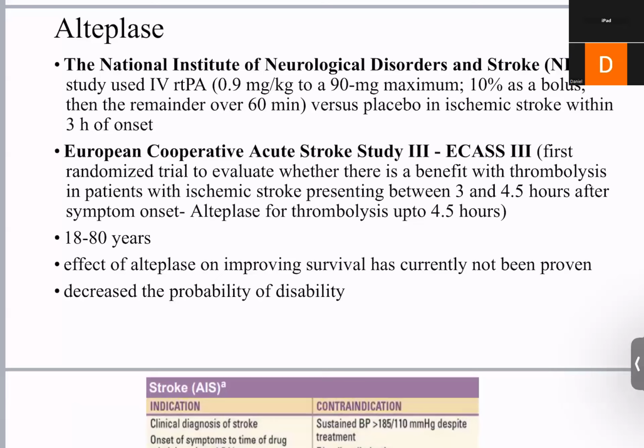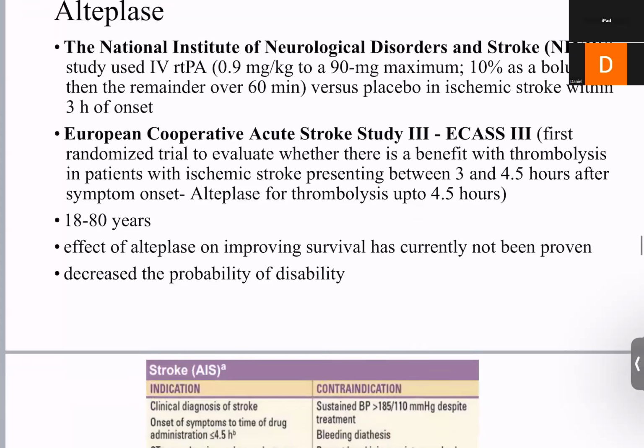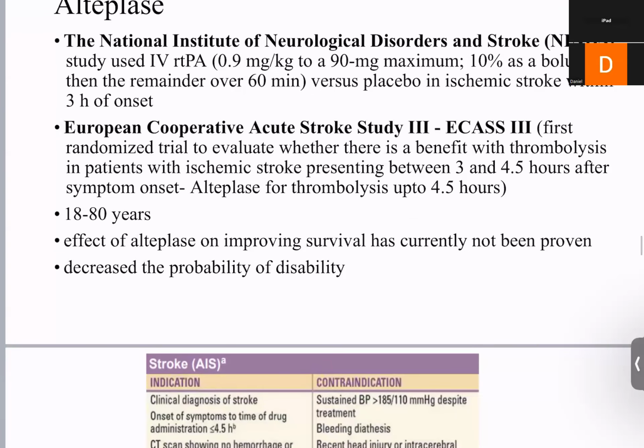Based on this, it was approved for use beyond 3 hours up to 4.5 hours. In both studies, the age cutoff was 18 to 80 years. Alteplase decreases the probability of disability, but survival benefit has not been proven.